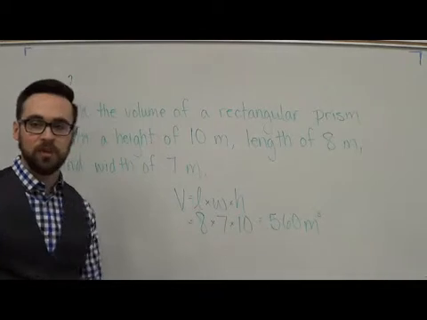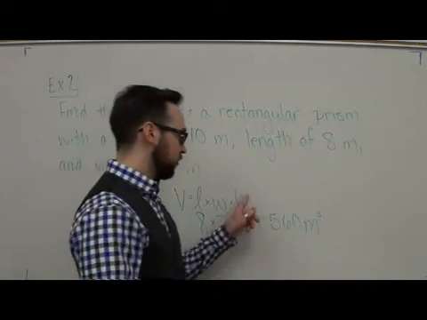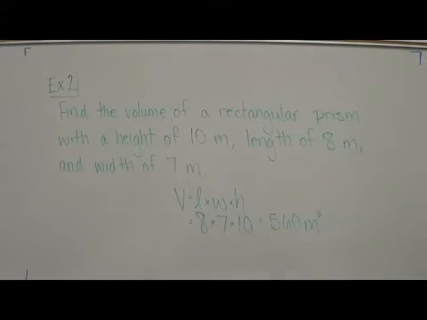Again, it's cubic meters. So not very hard here when we're looking at rectangular prisms. So this formula will be the one that will be most important. Again, it'll be one of those ones that I'm going to give you. I will not make you memorize this. You will have to memorize this eventually in your math career, but not until you get later on in things.